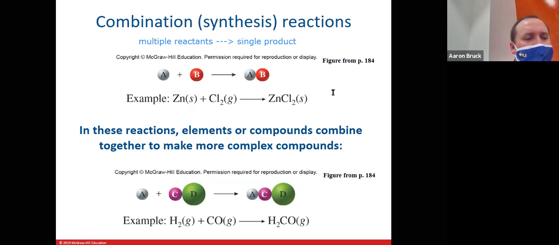So for example, if I have metallic zinc reacting with molecular chlorine, they together can make the compound zinc chloride. In that case, I have 2 elements reacting with each other to make an ionic compound.